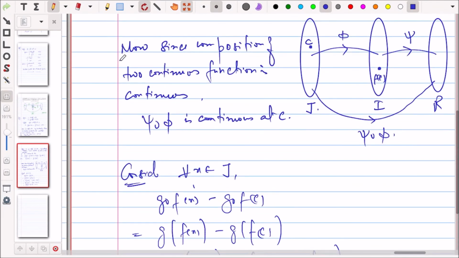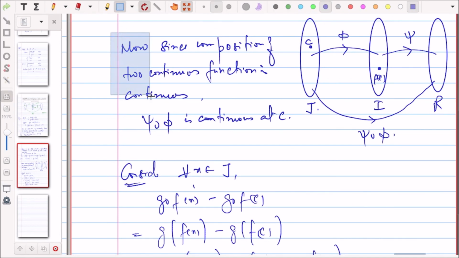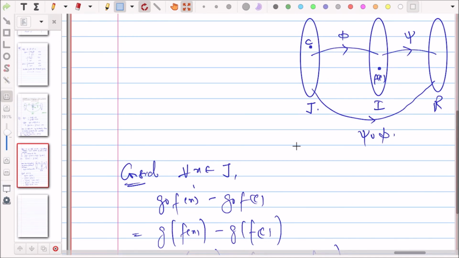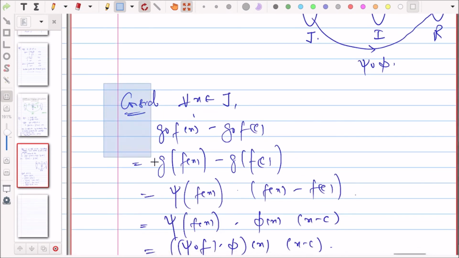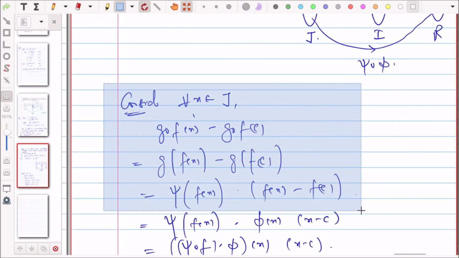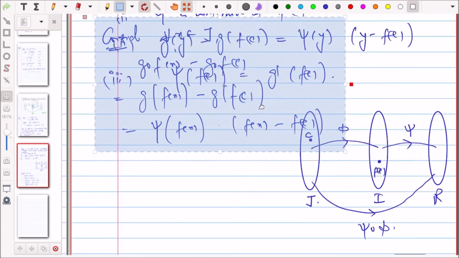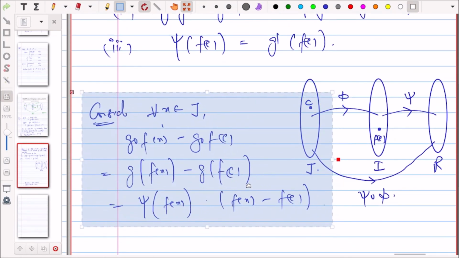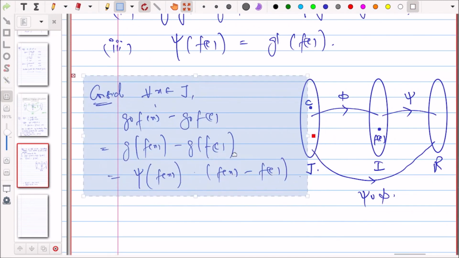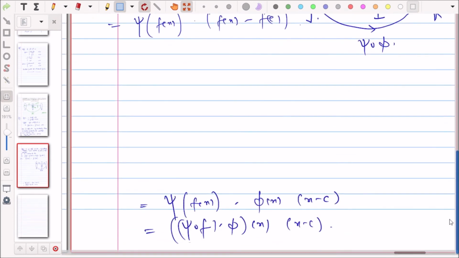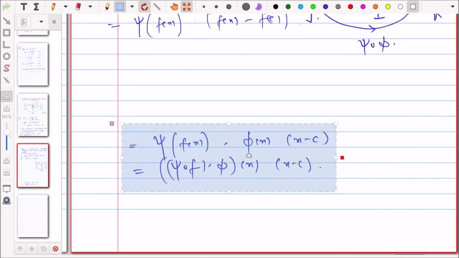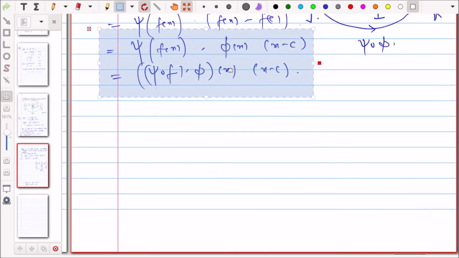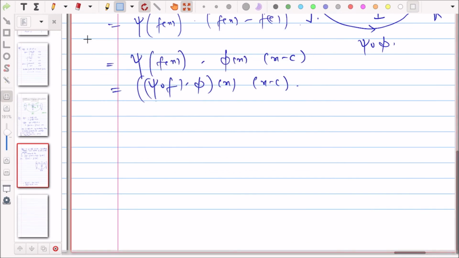We will not have to take psi of phi, this will not work, right? So we will have to take this function. Is it fine?